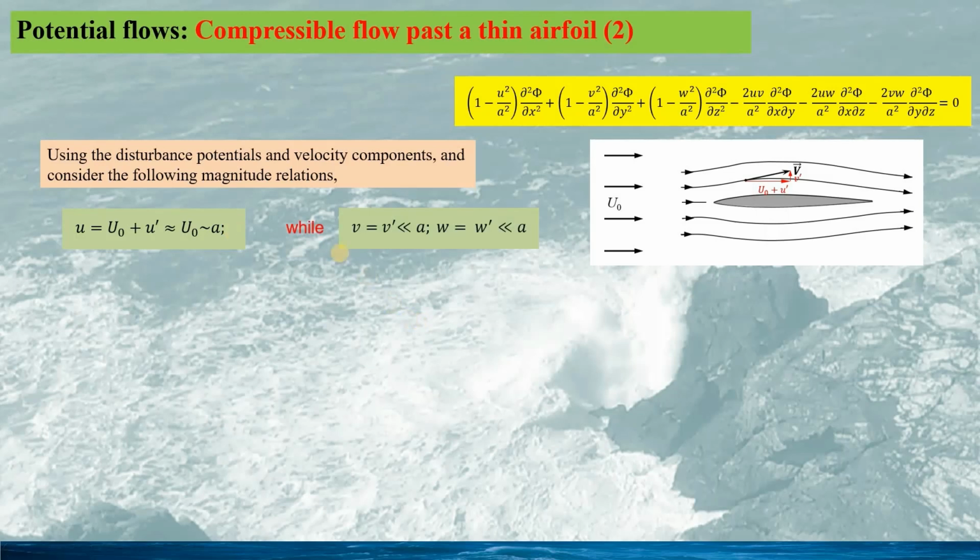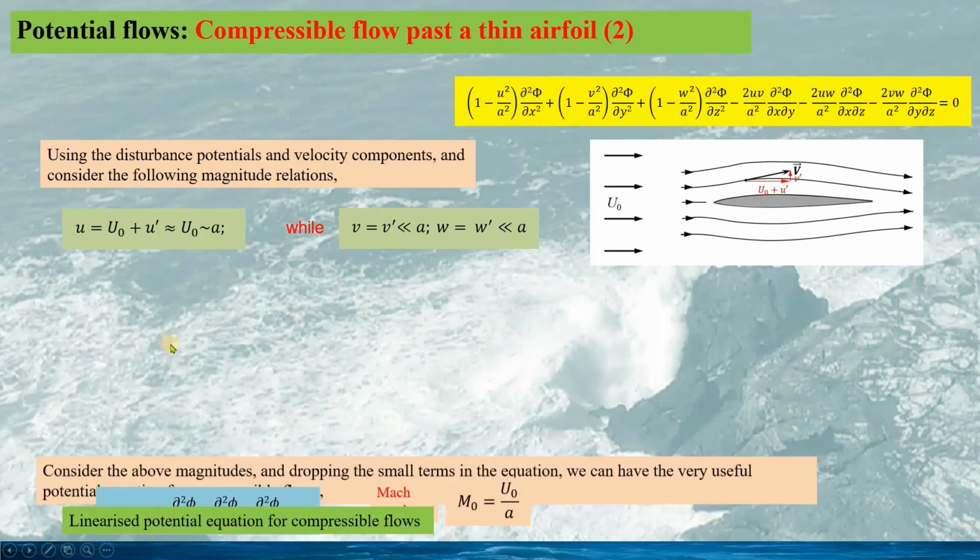The speeds along the y-axis and z-axis are the disturbance velocity components v prime and w prime, which are both much smaller than the speed of sound, because the flow passes the thin airfoil at a small angle of attack. The disturbance would be quite small.